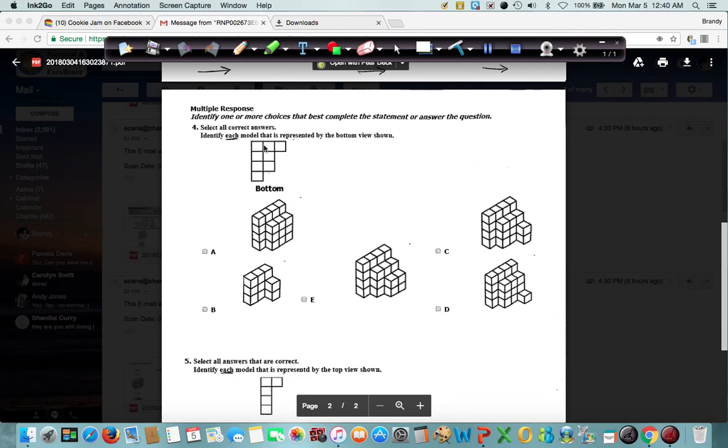So we want something that's 3 by 2 by 2 and then a 1. So this one only has 2 coming out at the top. This one has 3. This one has 3. This one has 3. This one only has 2. So right now, I'm not even worried about A or B because they don't have the 3 pieces at the top that I need.